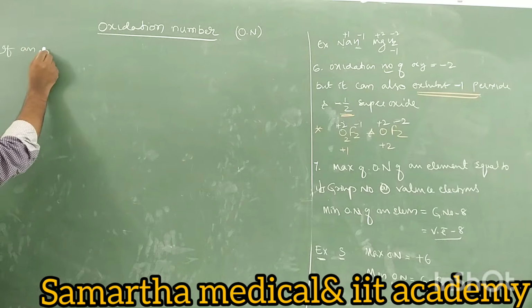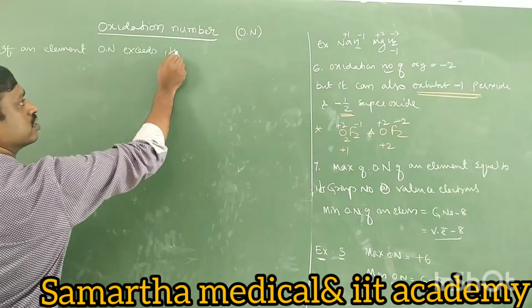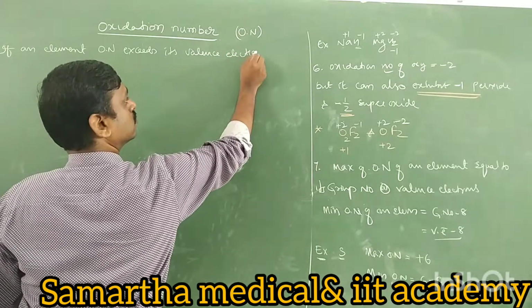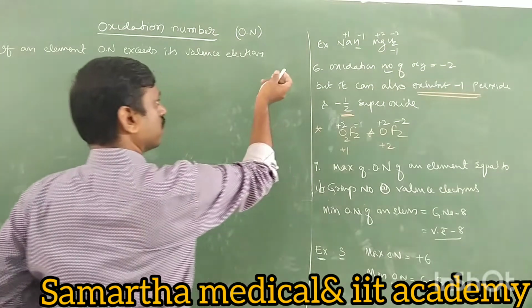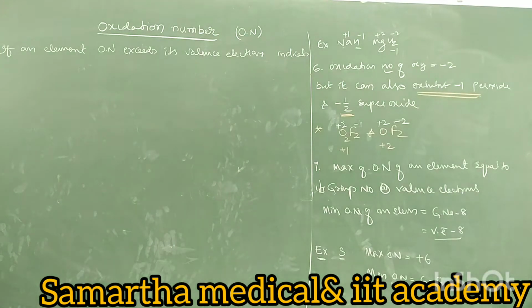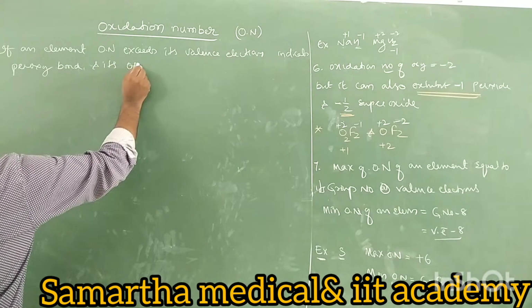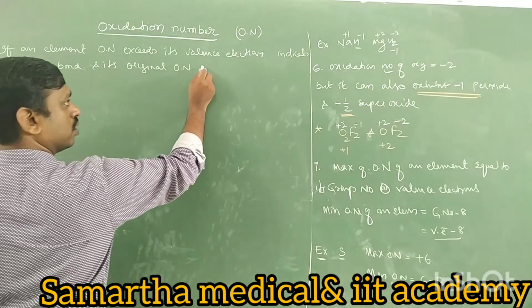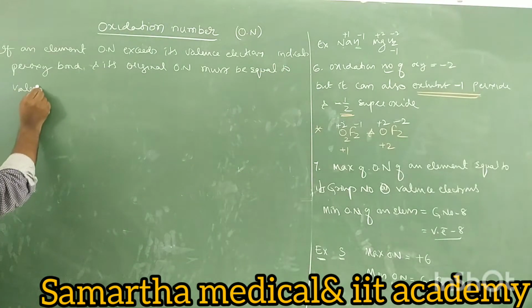If an element's oxidation number exceeds its valence electron, it indicates a peroxy bond, and its original oxidation number must be equal to valence electron or group number.